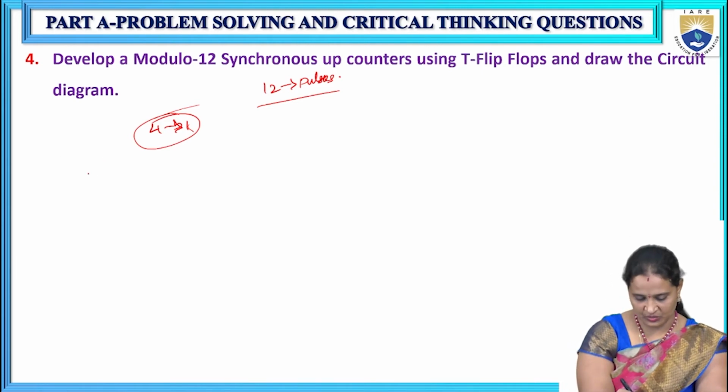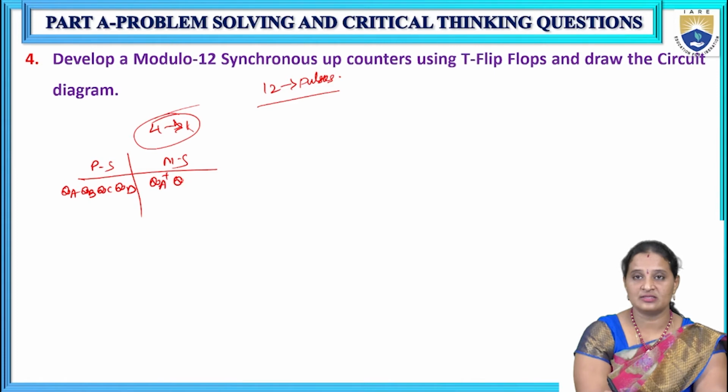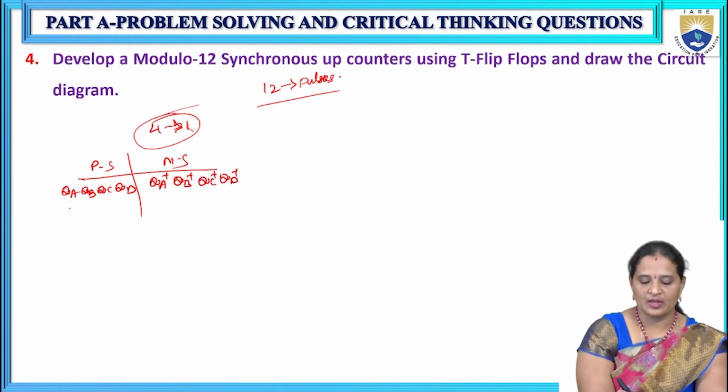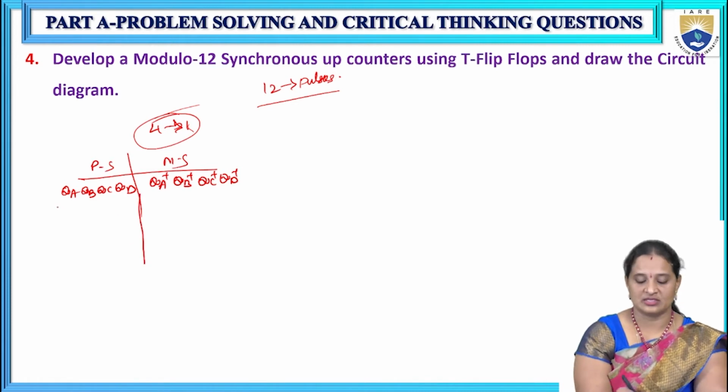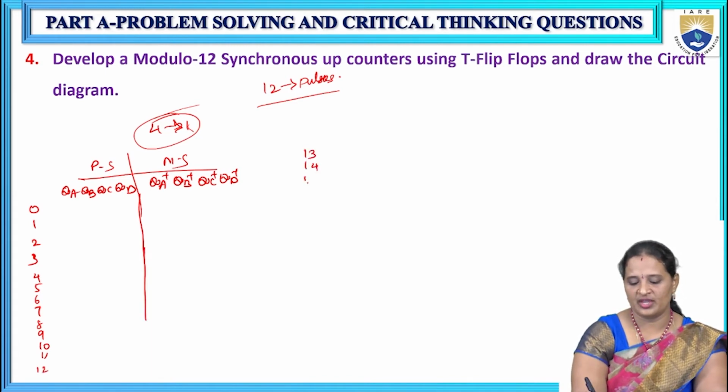Now, if you consider the truth table, I'm just giving you the idea, you can go through that procedure. The present state is QA, QB, QC, QD, and the next state value we can write as QA+, QB+, QC+ and QD+. It can count up to 12 pulses, that is 0, 1, 2, 3, 4, 5, 6, 7, 8, 9, 10, 11, whereas the remaining states, that is 12, 13, 14, 15, are considered to be don't cares.